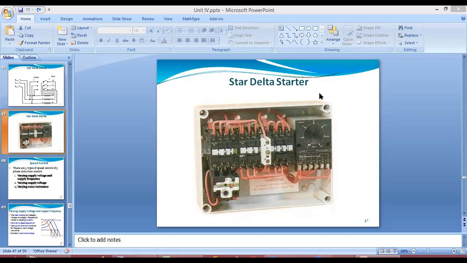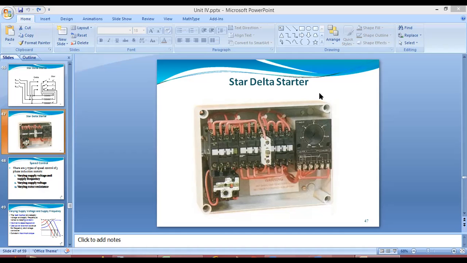When we give the three-phase star delta starter to start the three-phase induction motor, the line current in delta is given by IPH equal to VL upon ZPH, where VL is the line voltage and ZPH is the impedance of the motor. So we can use the star delta starter because it reduces the phase voltage.